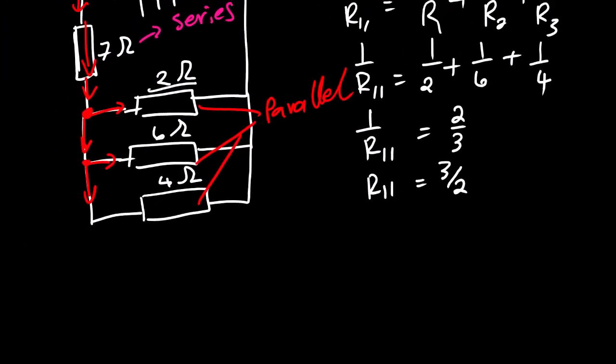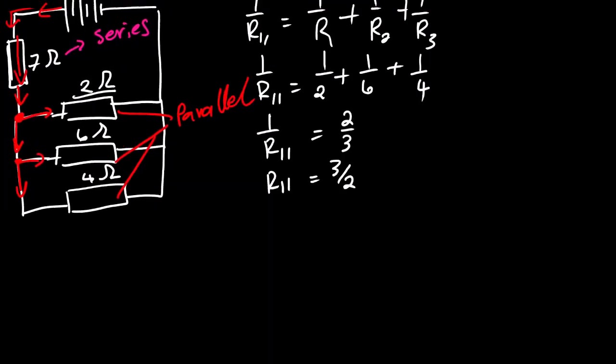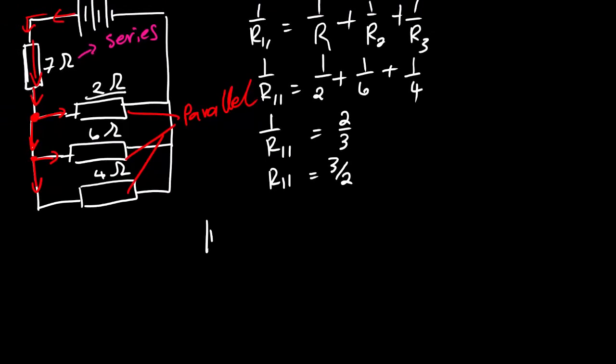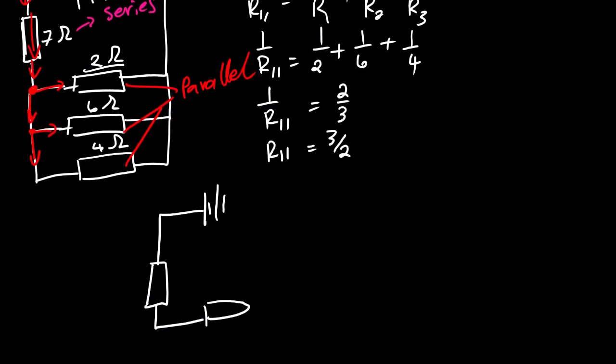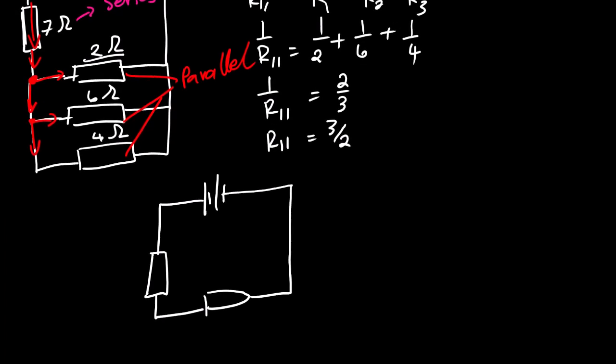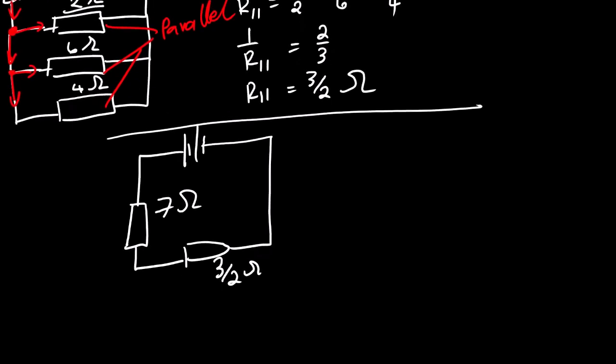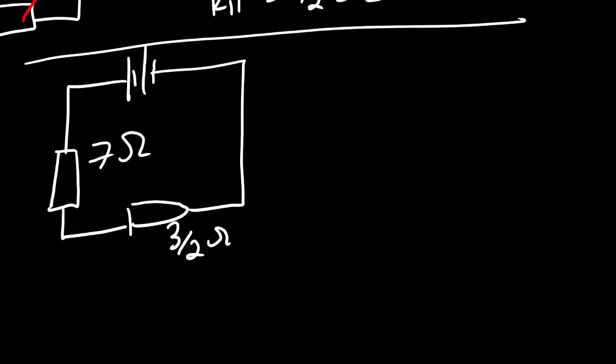So we can quickly draw a new circuit diagram. We are going to have something like this. This is 7 ohms, and then this is 3 over 2 ohms. And then from here, we can calculate the resistance again.